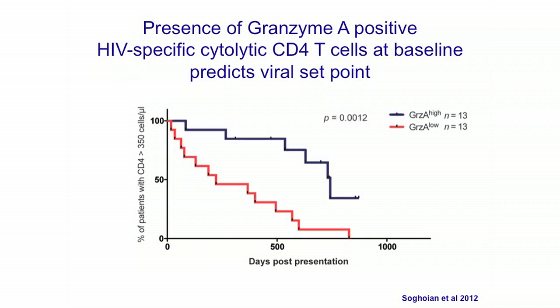In contrast, the patients with high granzyme A levels in acute infection at baseline dropped below the level of 350 about a year later on average, and that was statistically significant.